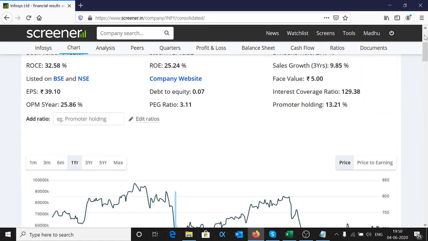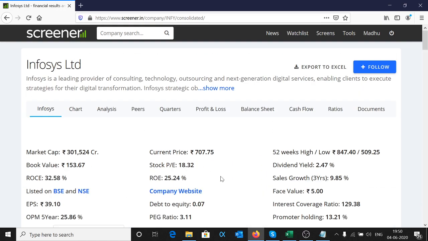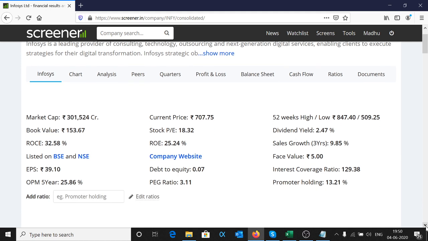So this has given very good returns, more than what the market is expecting. All these factors are good except the PEG ratio. Since the PEG ratio is greater than 2, you always need to be cautious on this stock before taking any decision.